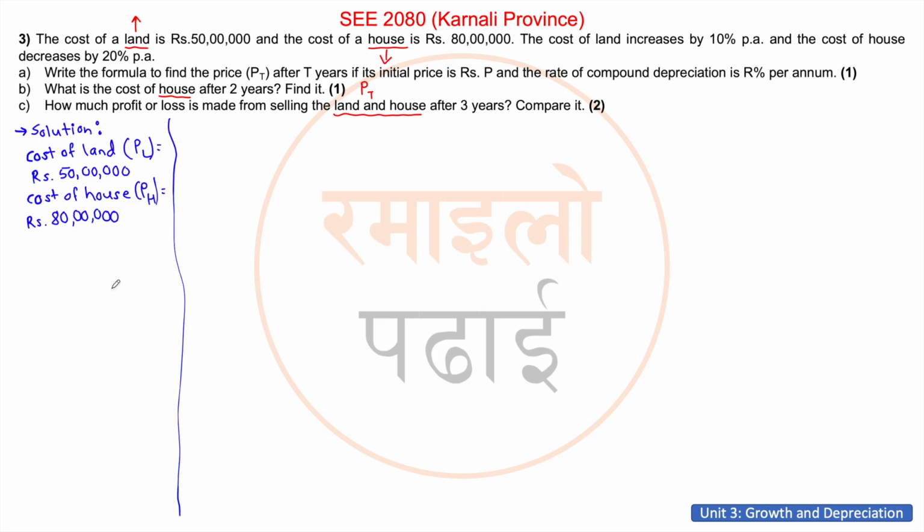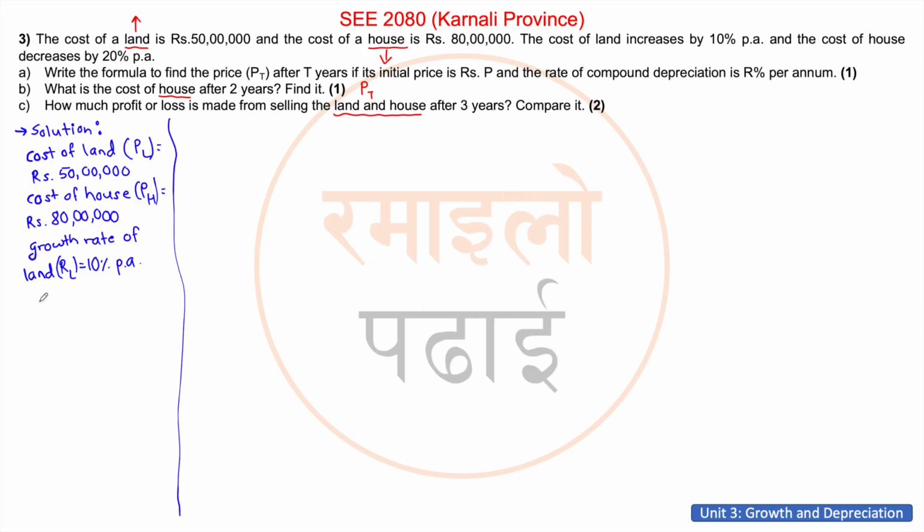After that, we are given the growth rate of land. So growth rate of land, which we will write as RL, which is 10% per annum.